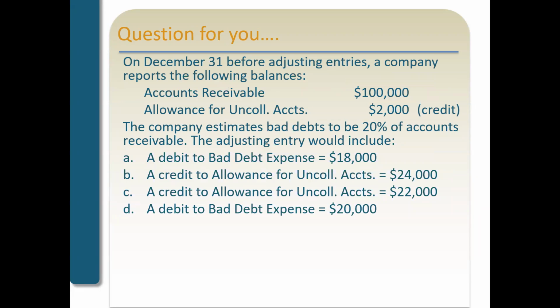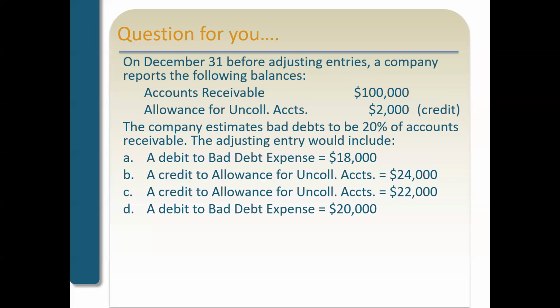How about this one, guys? On December 31st, before adjusting entries, the company reports the following balances. We have an accounts receivable of 100,000, an allowance for uncollectible accounts of 2,000 credit. The company estimates bad debts to be 20% of accounts receivable.